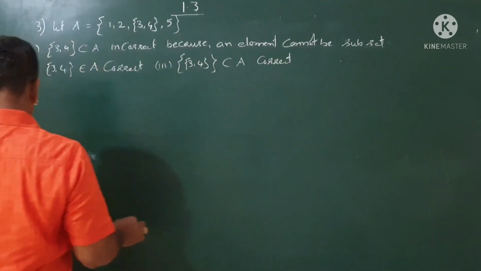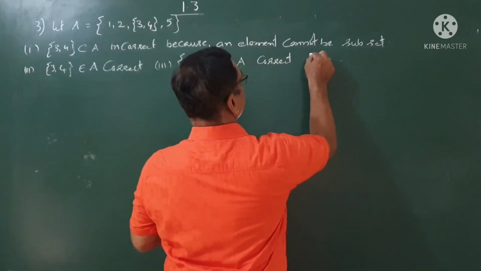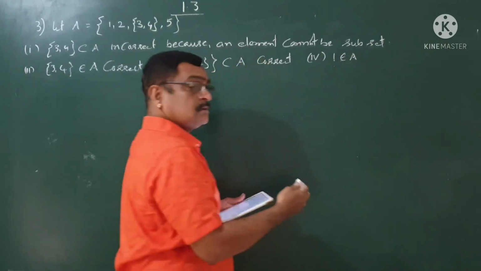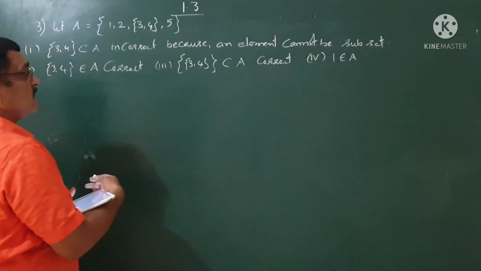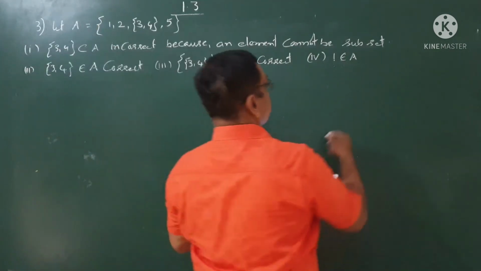Next, 4. 1 belongs to A. Let me check. 1 is an element of A. Yes. 1 is an element of A. Therefore, this is also a correct statement.